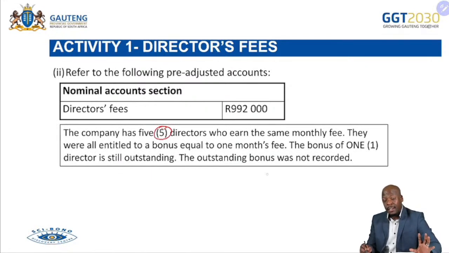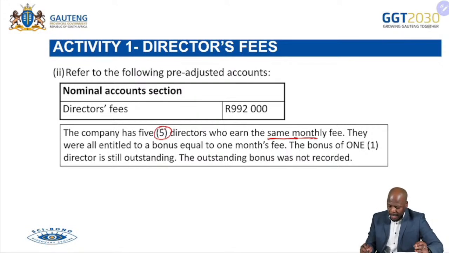So these 5 directors all earn the same monthly fee, and they were entitled to a bonus. So one of the keywords is the same monthly fee. Already the examiner is trying to guide us to get the right amount.